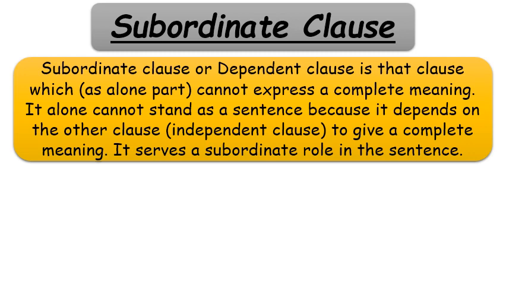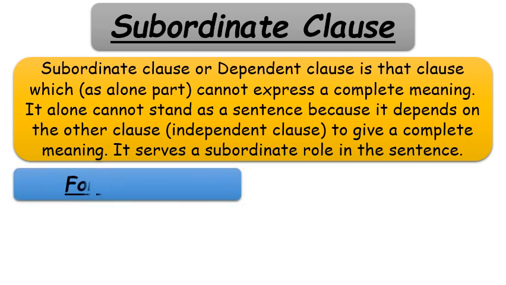It serves a subordinate role in the sentence. Or in a simple way, a subordinate clause contains a subject and a verb, but it depends on the main clause for making sense, as it does not make complete sense on its own.